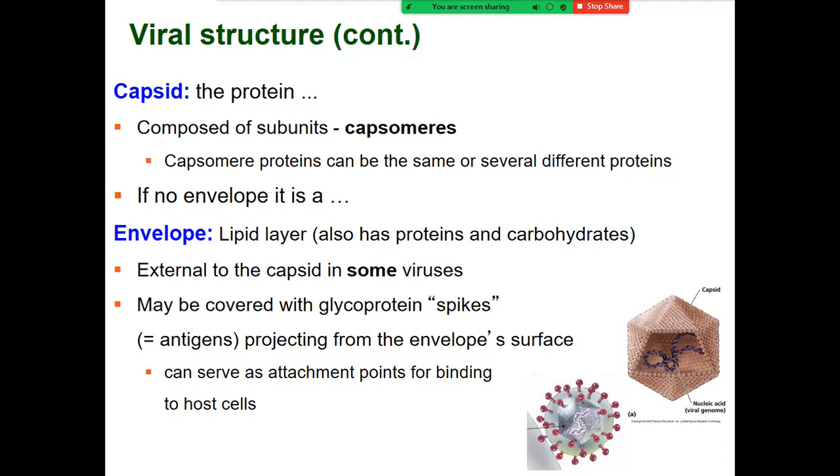Now, although the spikes can serve as an antigen to a host, meaning that's what the host recognizes, the spikes typically serve as an attachment point for binding to the host cell.